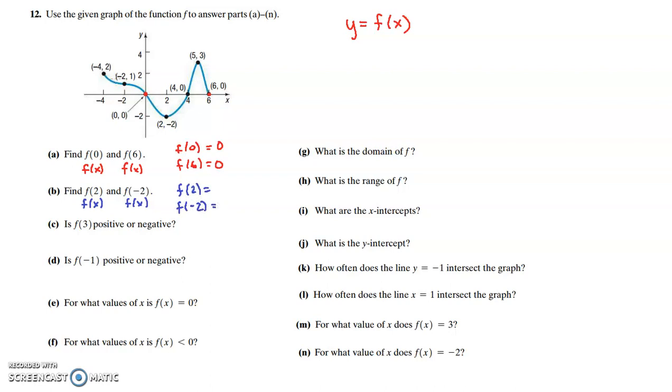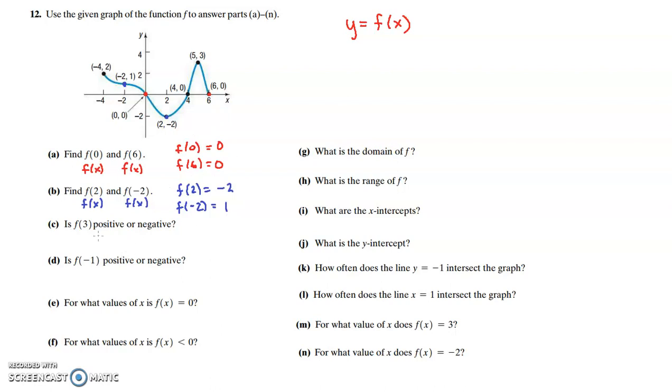Okay, so when x is 2, the graph is right here. When x is 2, y is negative 2. So f of 2 is equal to negative 2. And when x is negative 2, come here. Our point is right here. When x is negative 2, y is positive 1. Okay, so for these, they're giving us the x value, and we are finding the y value.